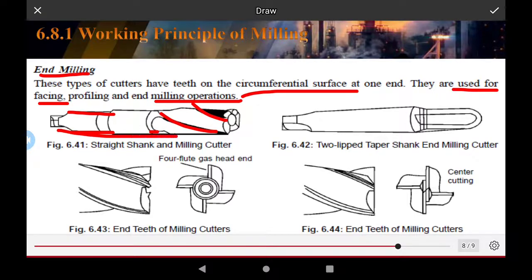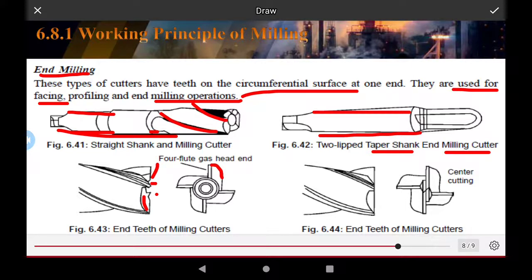This is the straight shank of the milling cutter, and the second is the tapered shank of the milling cutter, with two tip shapes. This is the tip of the tool and the special geometry of the tool.